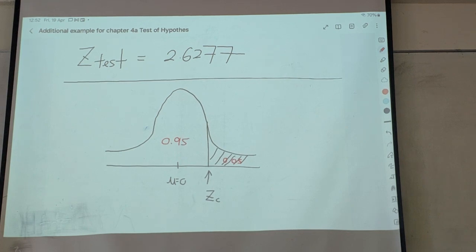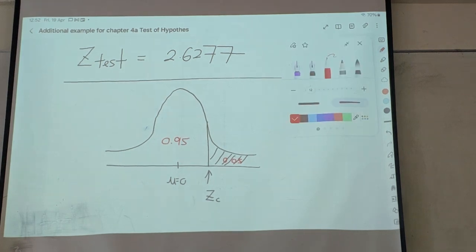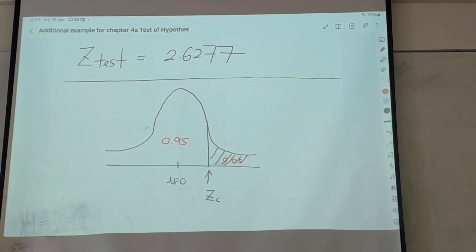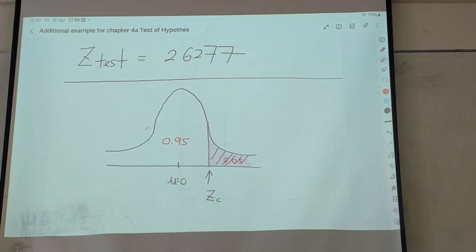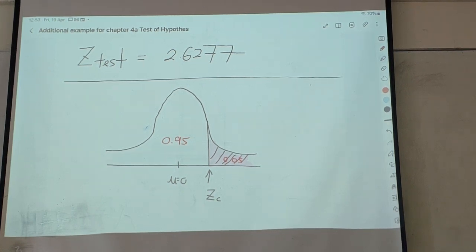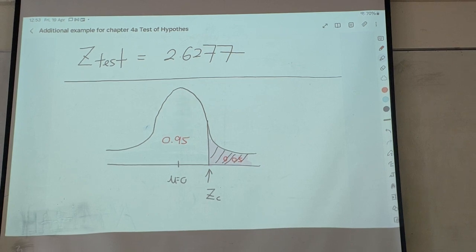0.95. Hence, this is 0.05. Here, at 0.95.